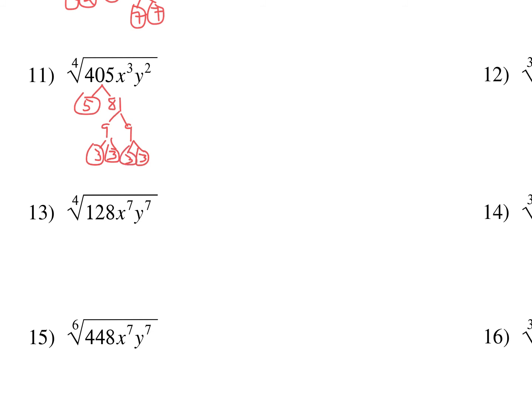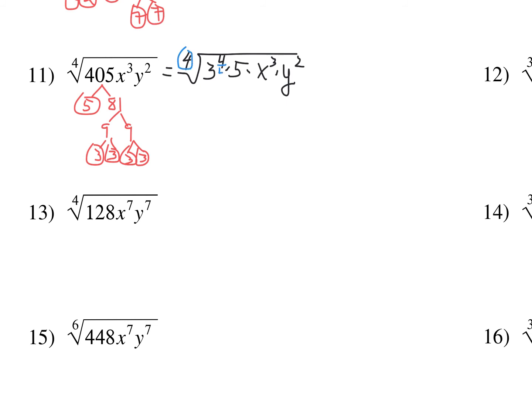Okay, so exponentially, I've got 3 to the 4th times 5 to the 1st, and there goes lunch. Lunch is over. Okay, so our index is 4.